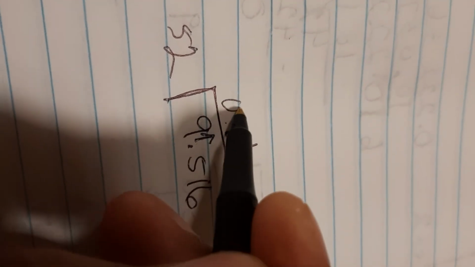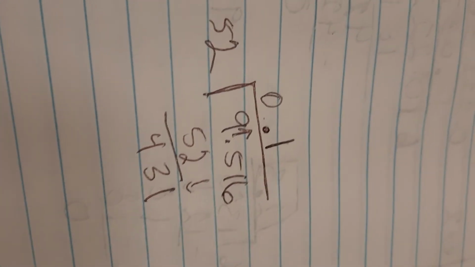So you can put a 0 here, make you feel better. Do our subtraction. 5 minus 2 is 3. 9 minus 5 is 4. I'm going to bring down my 1. 431. Big numbers, right? No matter how big the number is, the steps stay the same.